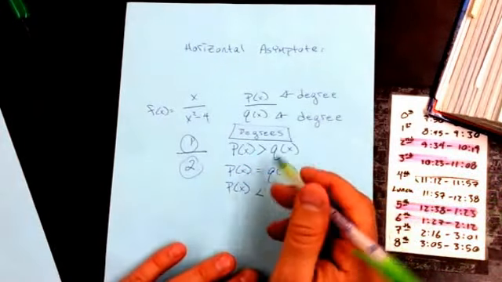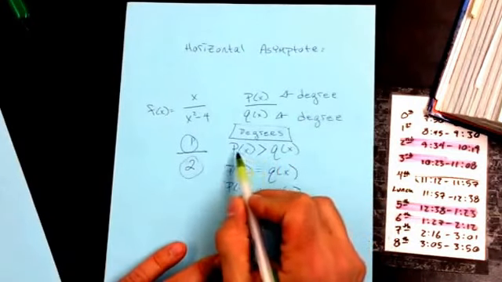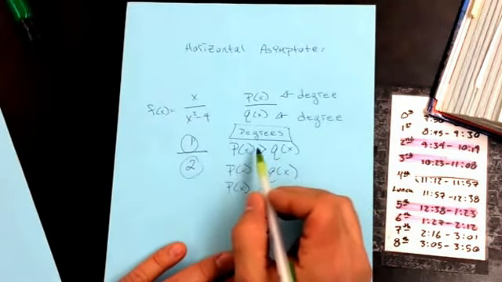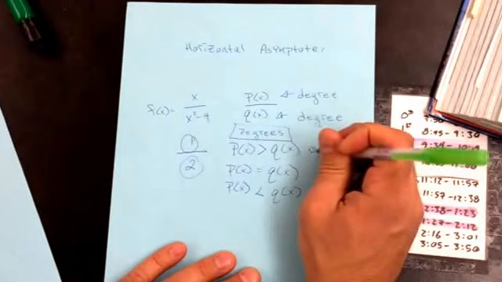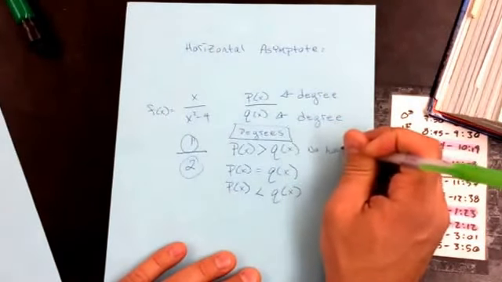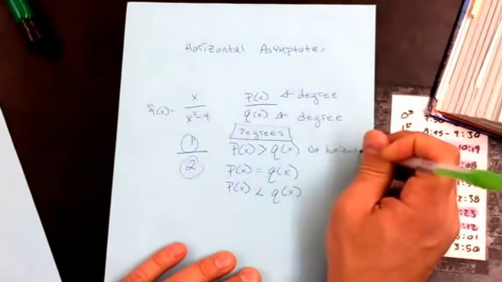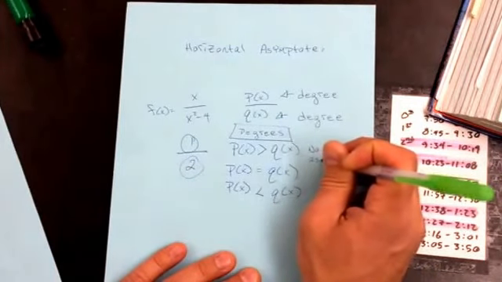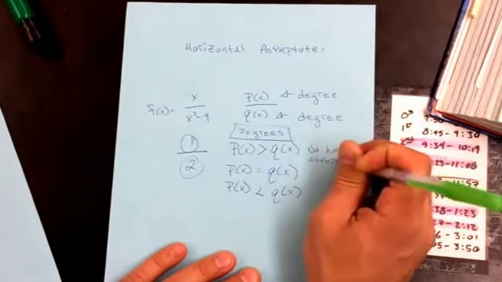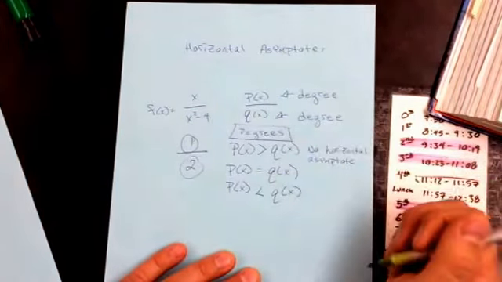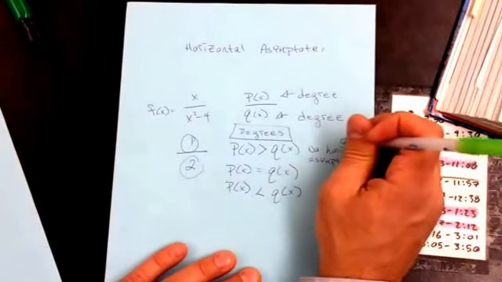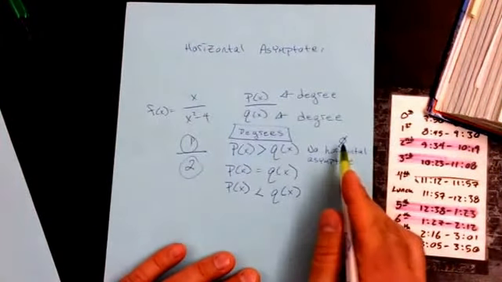Those are your 3 options. If the top is larger, there's no horizontal asymptote, which we're just going to distinguish as not possible like that.